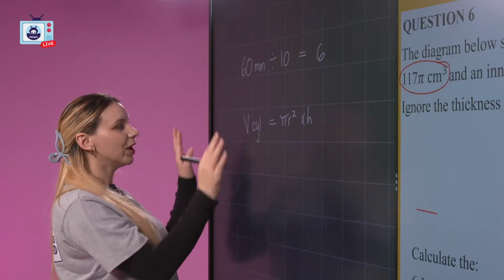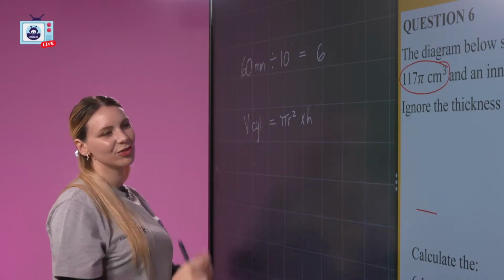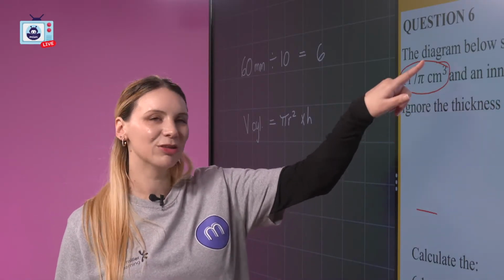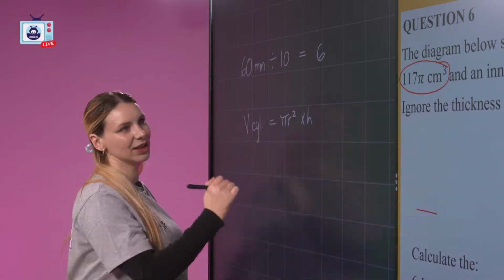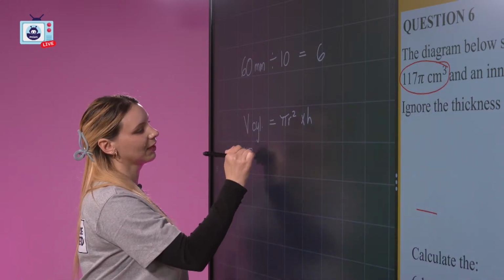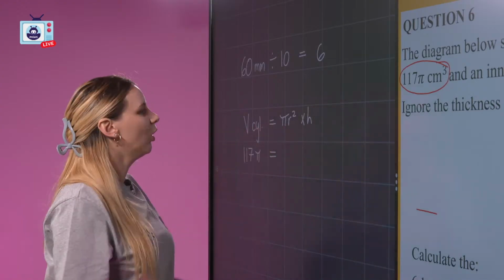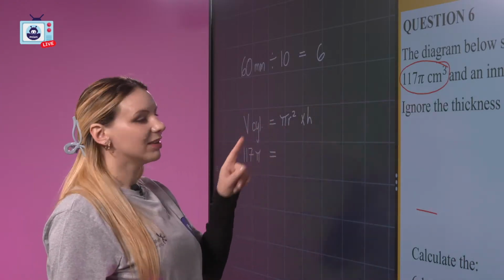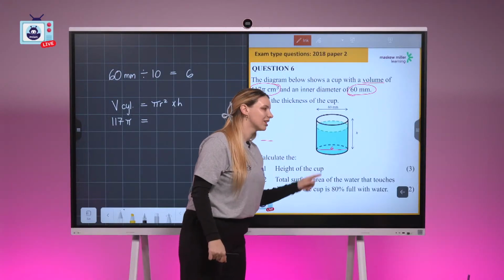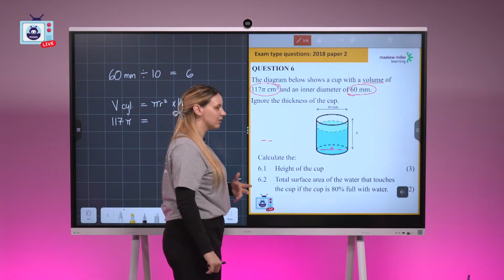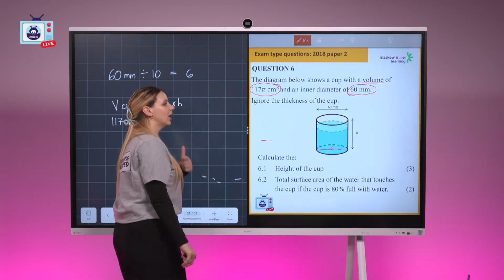Okay, we already know what the volume of the cylinder is. We know it is 117 pi centimeters cubed. So we're going to substitute that into our formula for volume. And we also know that the diameter is 6. But when it comes to formulas of volume and circumference and total surface area, we use radius.